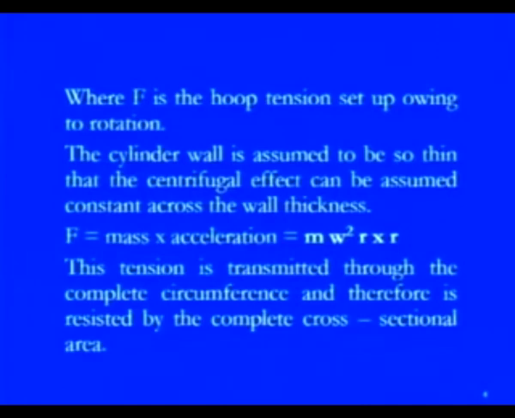So this tension which is transmitted through the complete circumference is always uniform, and is resisted by the complete cross sectional area, because as I told you, there are no stress concentrations which differ at different regions. So it is uniform.